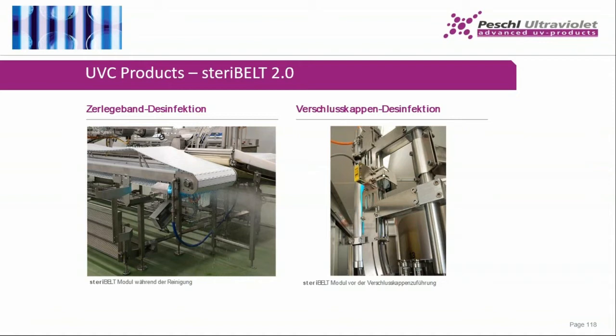you have really little space to integrate parts of a UV disinfection. But there is a time problem, because you have a really high-speed machine without space to integrate a UV disinfection unit. Therefore, you normally use a combination of the peroxide, which I mentioned at the beginning of the presentation, and the UV light.